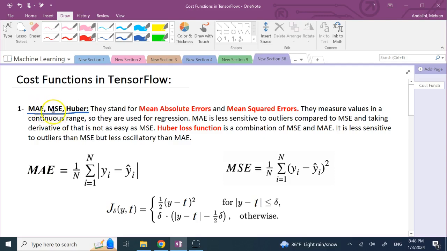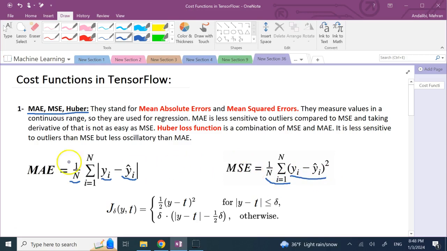MAE and MSE are very common, and you probably have seen them elsewhere too, where you subtract the predicted value y hat i from the real value y i, sum all of these error terms, and then take the average by dividing by the number, or you can square these error terms and divide by the number, okay?